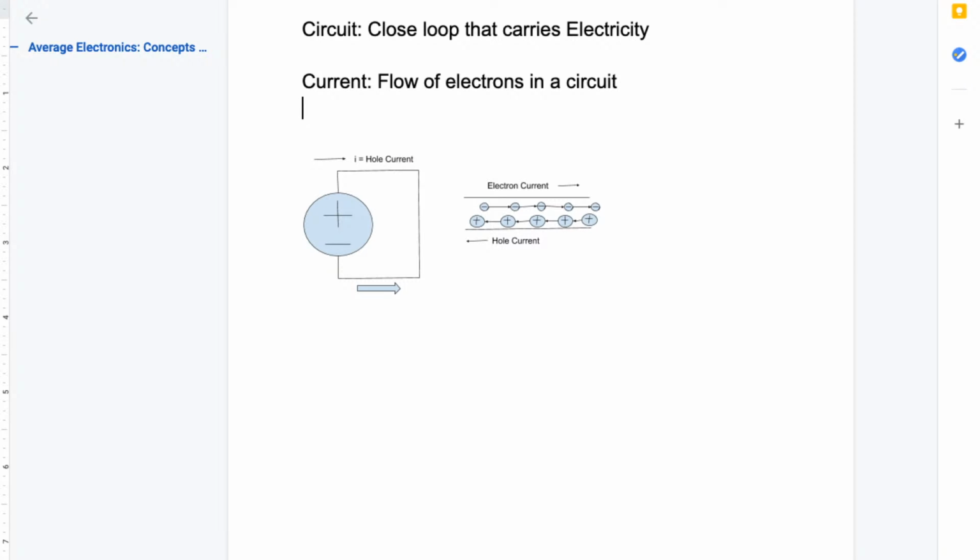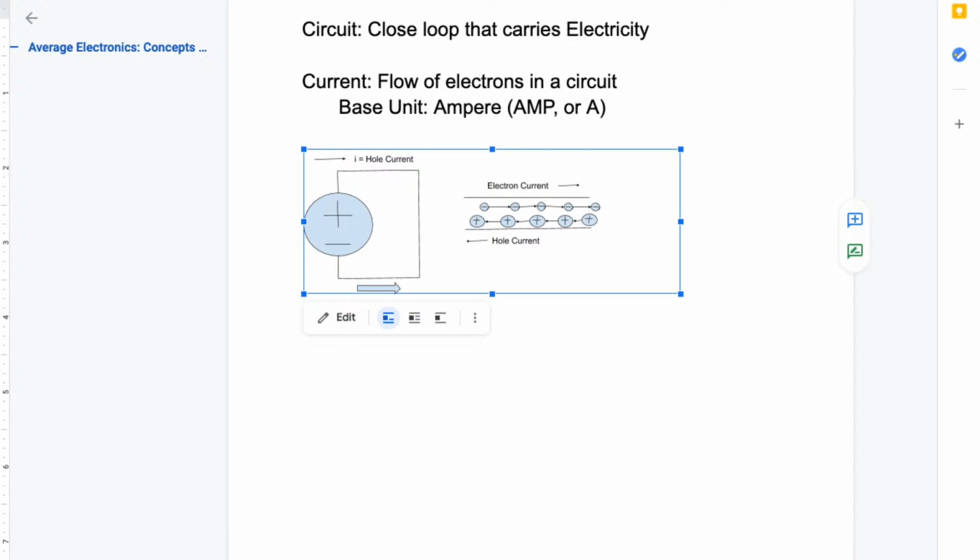And to expand on what a current is, we've got a base unit of ampere, amp or A. So if you ever see a power supply or anything like that says it's 15 amps or amperes or 15A, basically that is the amount of current that flows through the pipe. All right. Does that make sense? I hope so.